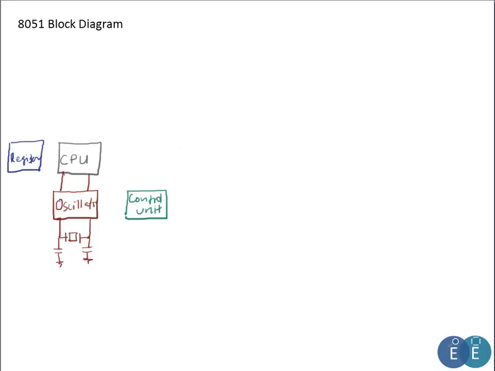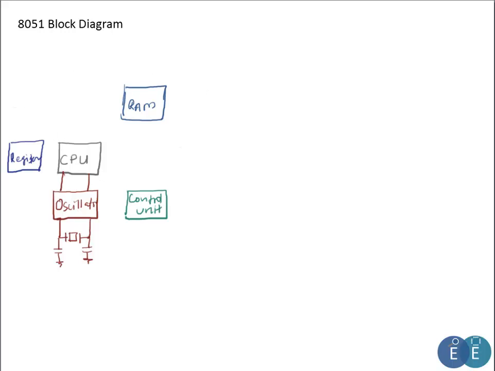Now since we have registers which are temporary storage units, we require some more amount of temporary storage memory, and that is provided in terms of something called RAM. So we have inbuilt RAM on an 8051 microcontroller, and we'll see in detail later exactly how much RAM we have on an 8051.